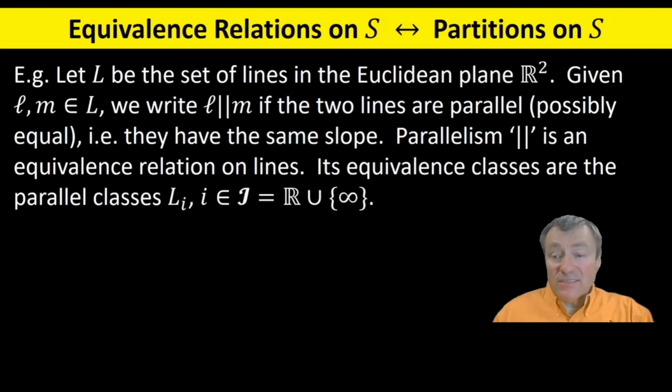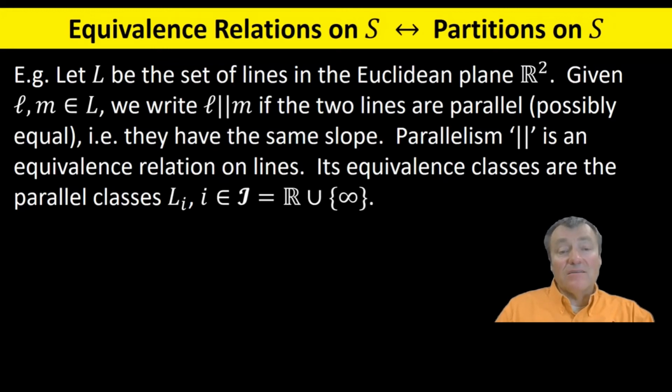Now the equivalence classes are exactly the parallel classes, which I defined before. For each slope, you have a parallel class, which is a member of the partition, a part of the partition. The equivalence class of each line is the parallel class. It's the set of all lines having the same slope.